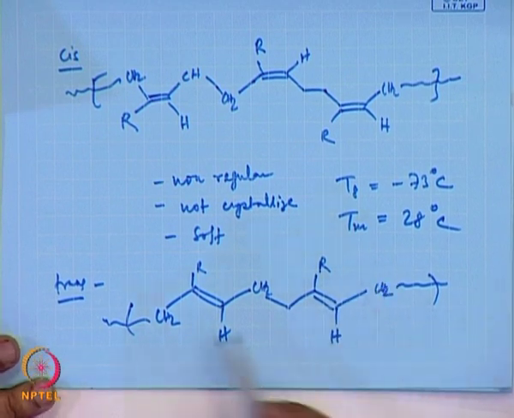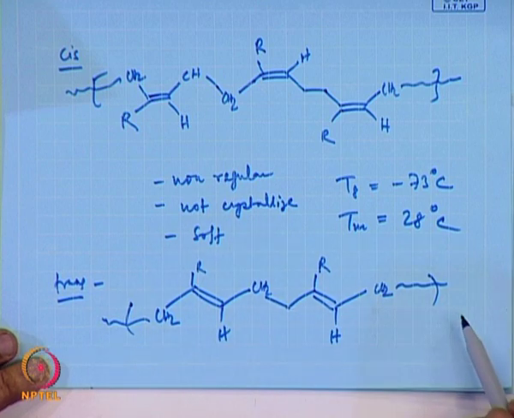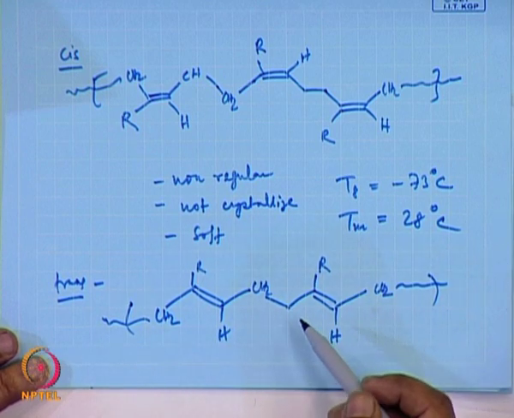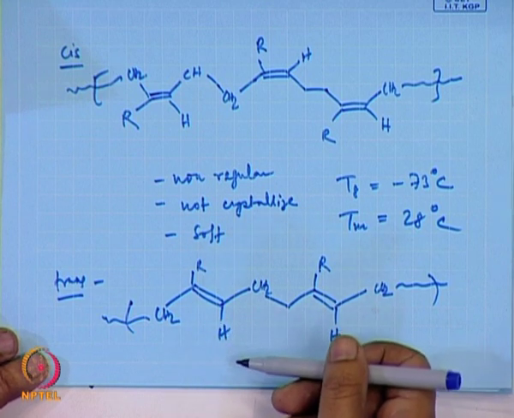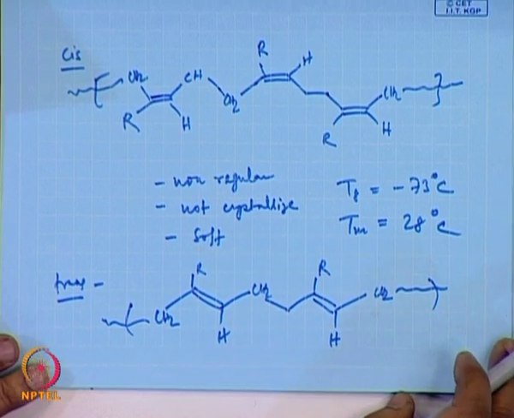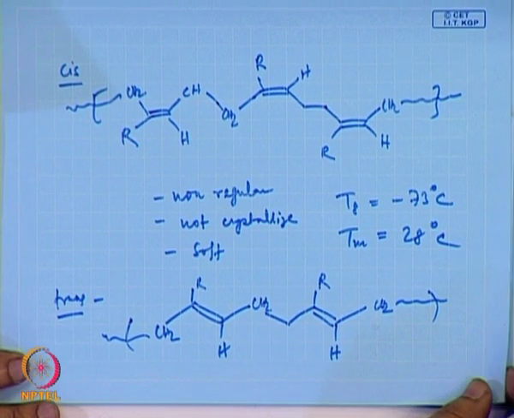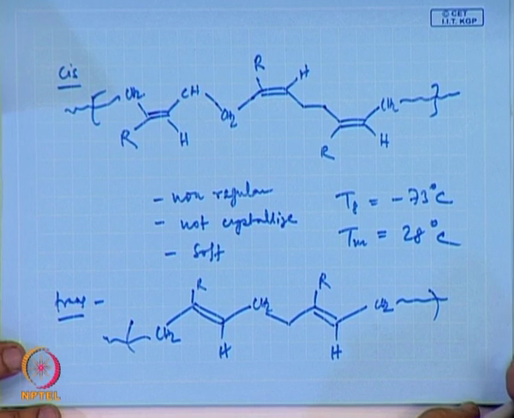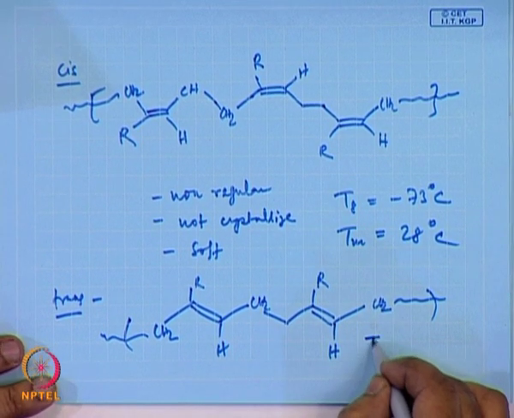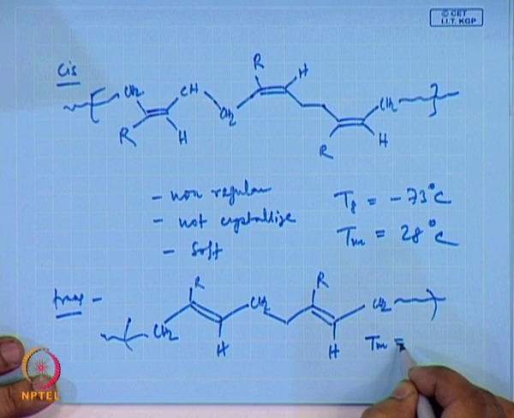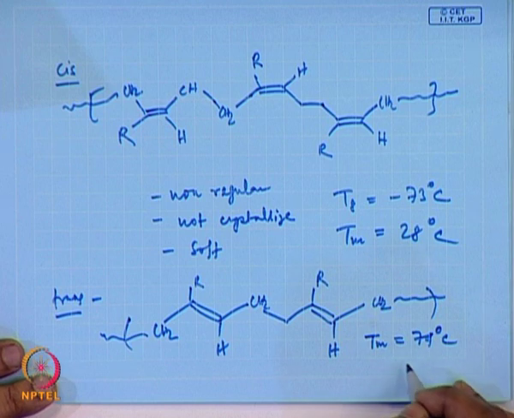Now, you can yourself imagine this is a very regular structure, which means the polymer chains can come closer to each other and pack very well. As a result, they can crystallize easily and hence their melting point is higher, 74 degrees centigrade compared to 28 degrees centigrade.